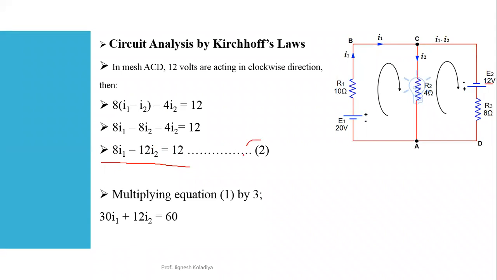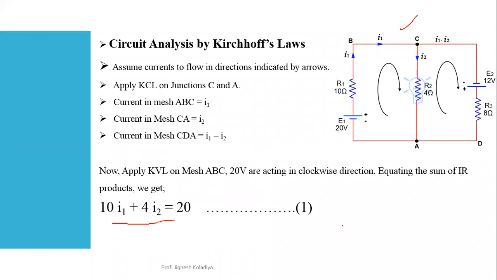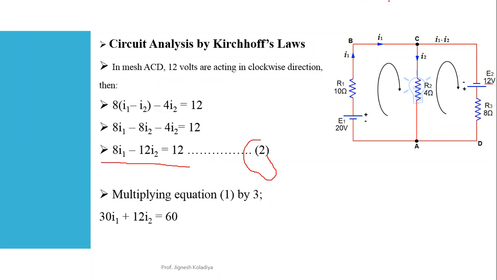Now you have to solve equation number 1 and 2. This is my equation number 1 and this is equation number 2. If you solve it, then multiply equation number 1 by 3, because here it is 12 I2 and 8 I1.